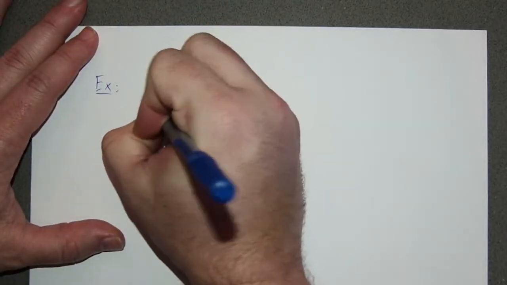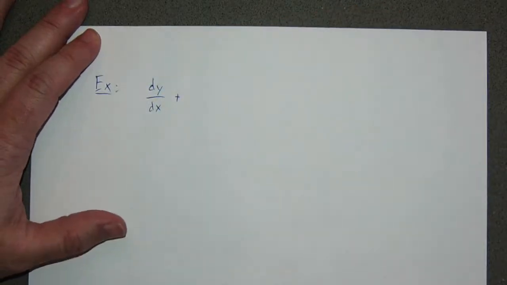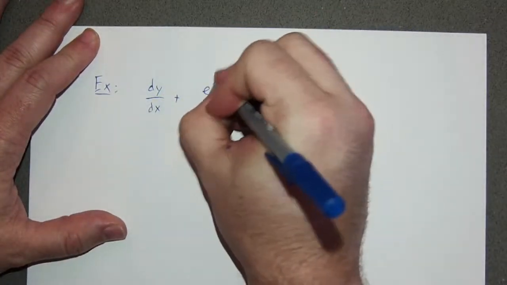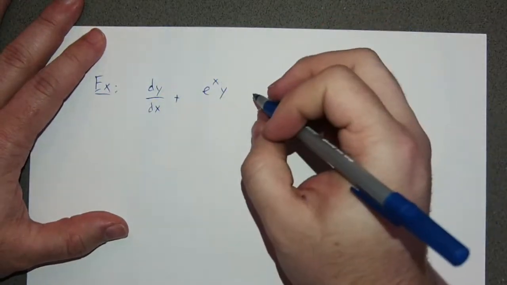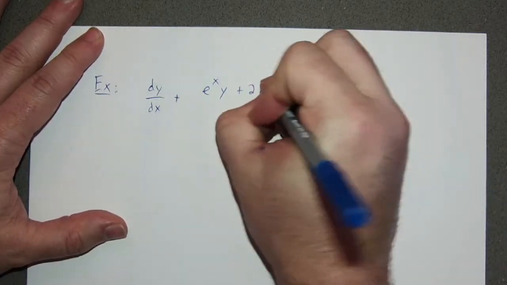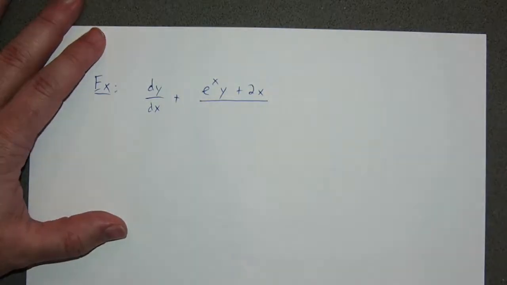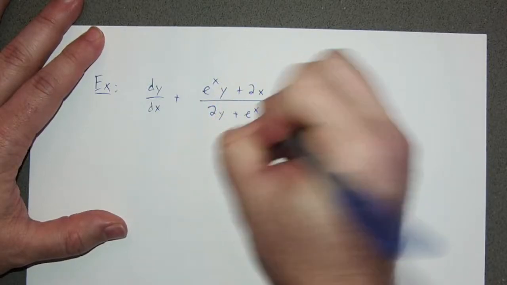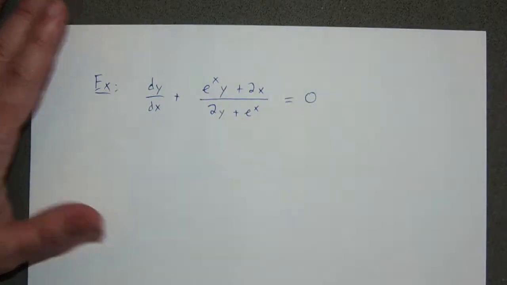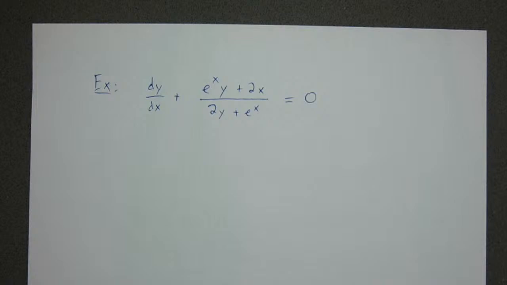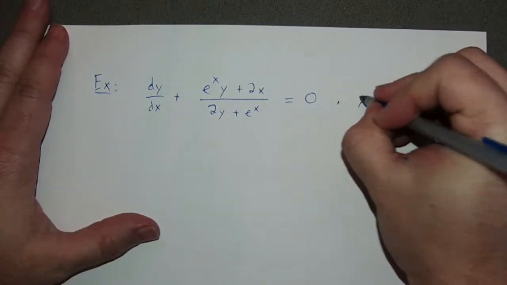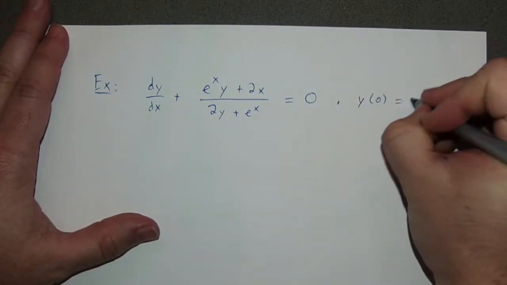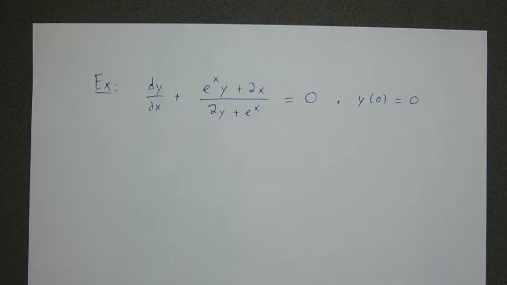So first example, dy dx plus e to the x y plus 2x over 2y plus e to the x is equal to 0. And we'll say that y of 0 is equal to 0.